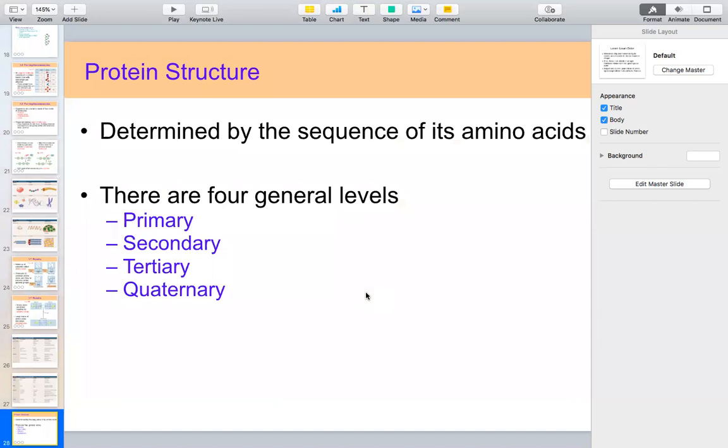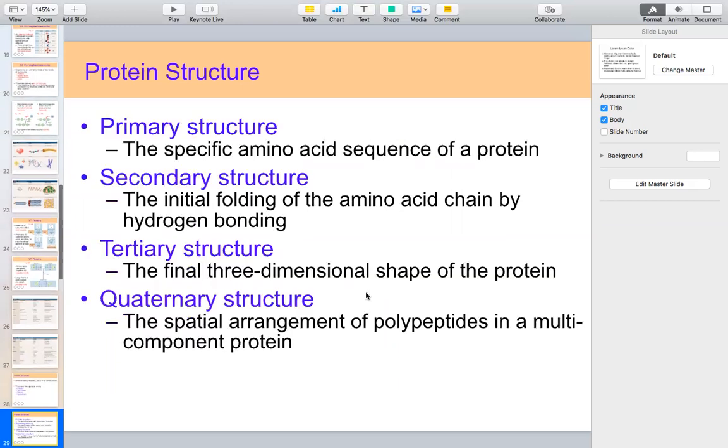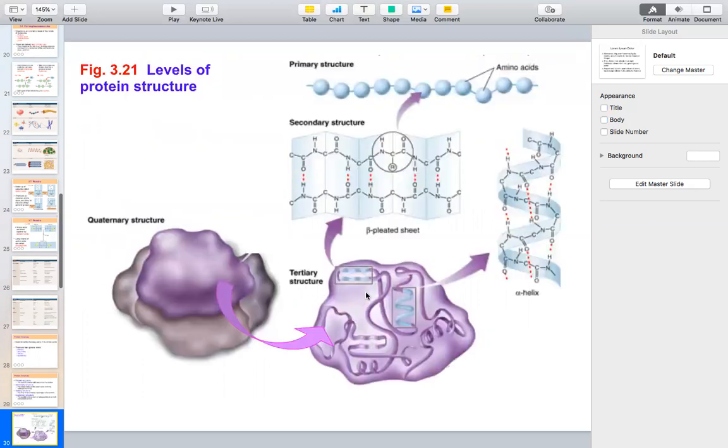Again, I've already talked about the general structures of proteins: the primary structure, secondary, and tertiary. Primary is just that straight chain structure. This is a little bit of review of what we talked about. Secondary is kind of coiled up. Tertiary, they're joining it in all sorts of shapes. And quaternary is usually adding other components together to make a more complex protein. So this picture is representing these different levels of structure.